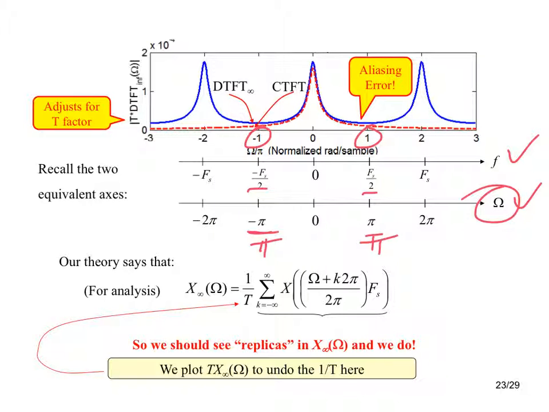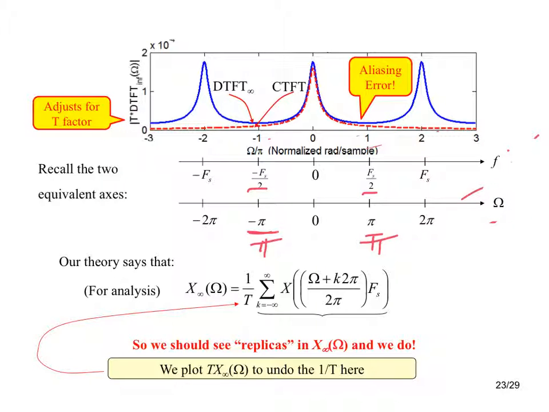1. But once we've got this normalized, remember minus 1 corresponds to minus fs over 2. Let me do it on the positive side. 1 corresponds to fs over 2. 2 corresponds to 2 fs over 2, or fs. So once I have this normalized radians per sample axis, it's very easy to just in my mind reinterpret it as either of these two axes that I want.